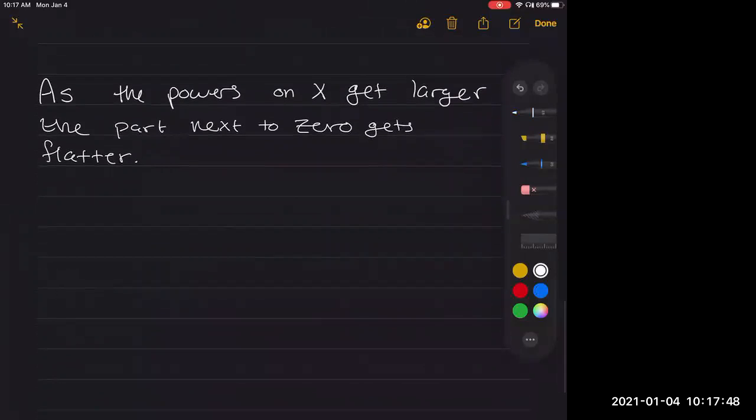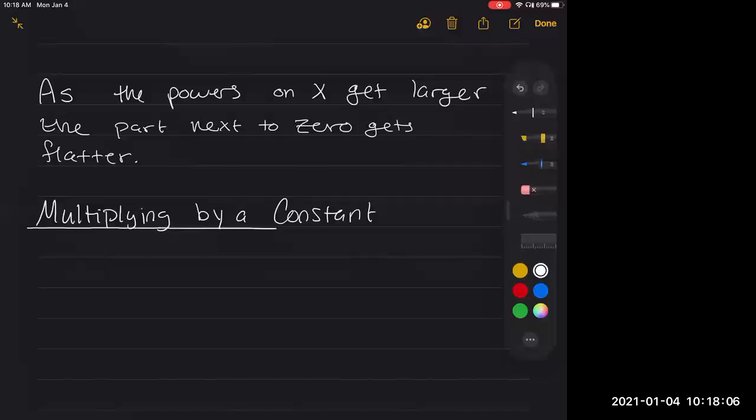All right, so now we're going to look at how to transform our building block graphs into more complicated polynomials. So we're going to start with multiplying by constants. So if we have f of x equals x cubed, then 6 times f of x equals 6x cubed.